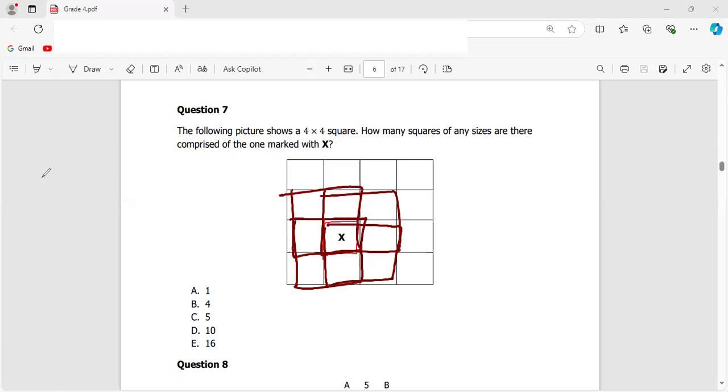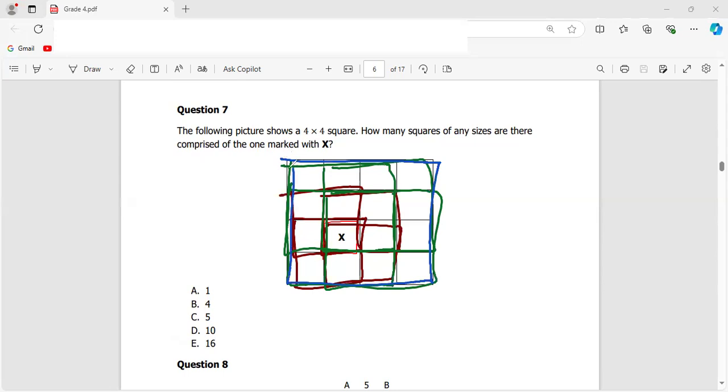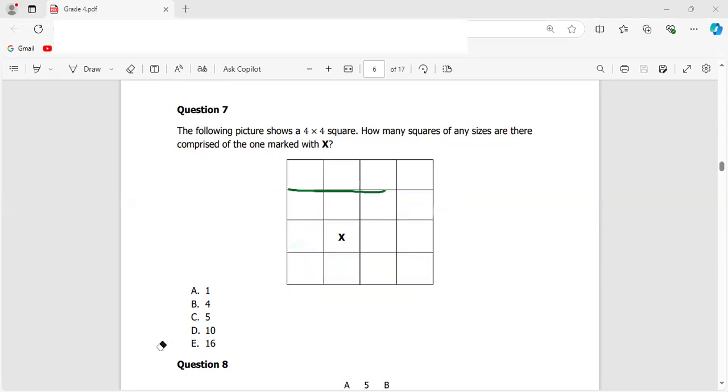Then you can do this 5. Then we can make a 3 by 3 square. So this is 6. Then this is 7. This is 8. This is 9. And the whole of it, which is 10. So the answer for question 7 is 10, which is option D.